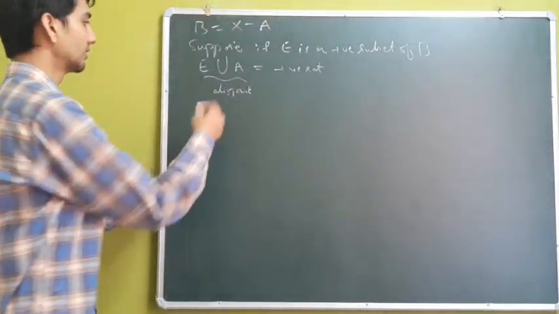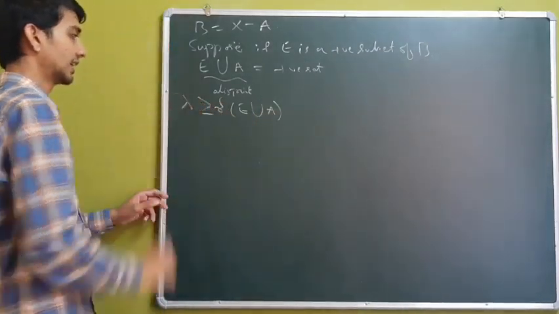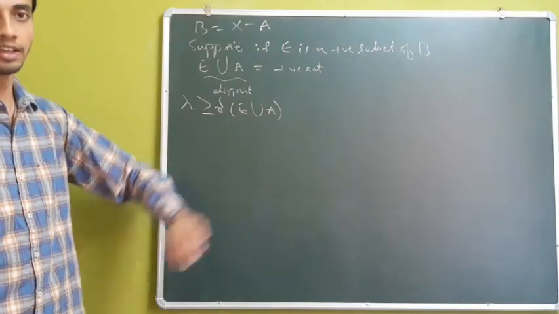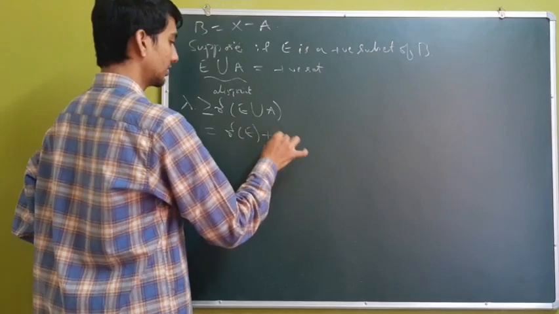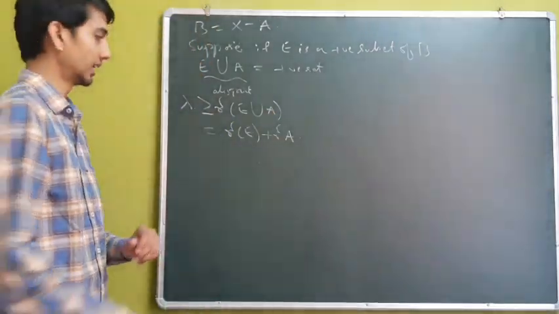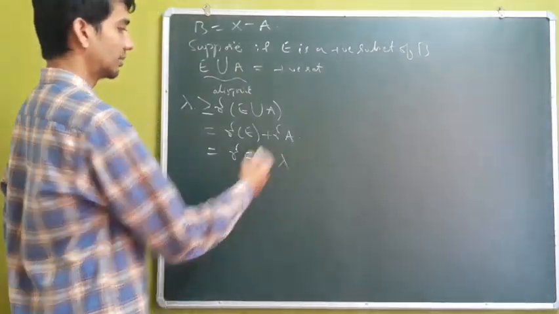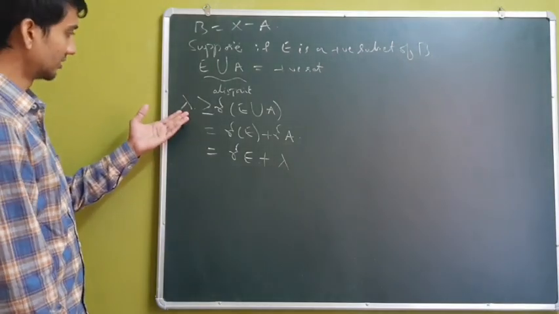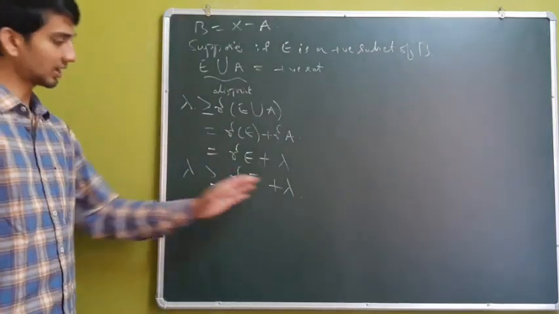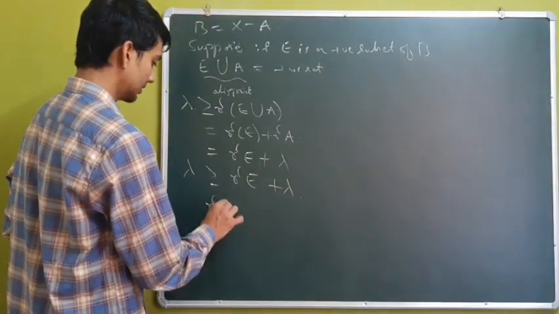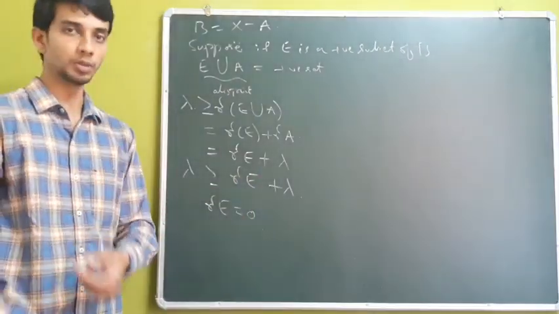If I consider the signed measure of E union A, then this should be less than lambda. So we have lambda greater than the signed measure of this, and this being a disjoint union is the same as gamma of E plus gamma of A. We know that gamma of A is lambda, so I am replacing gamma of A by lambda. For this inequality to hold, we must have the signed measure of E to be 0.